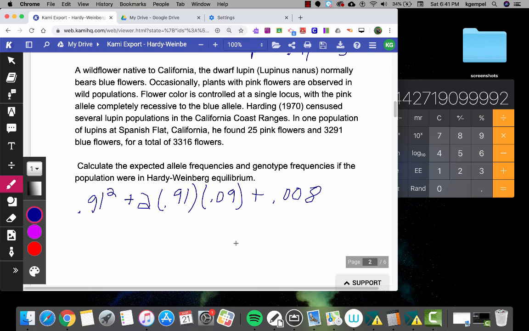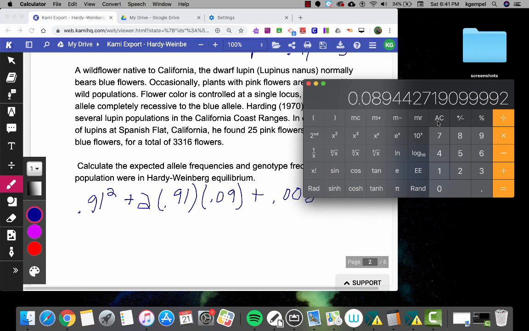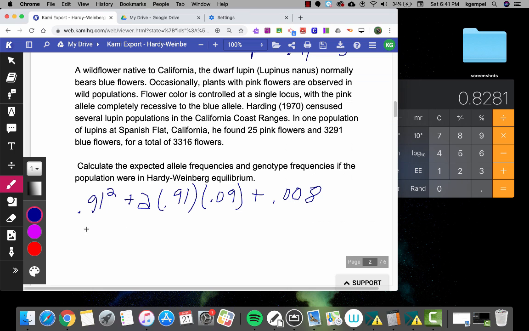But I have to figure out the frequency, I have to do the calculation. So 0.91 squared is 0.83. I want to make sure I don't make too many rounding errors.